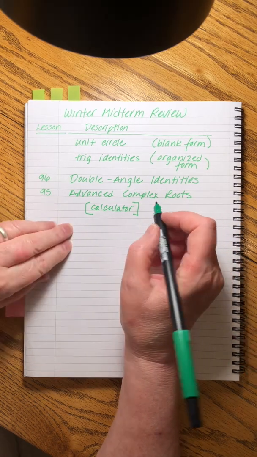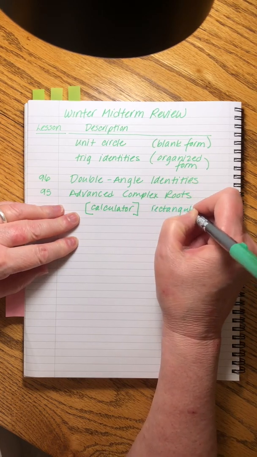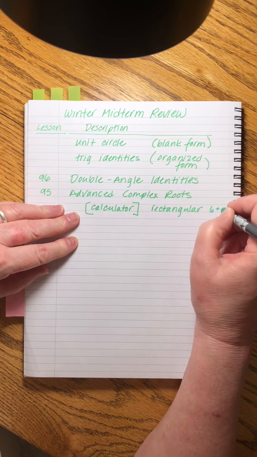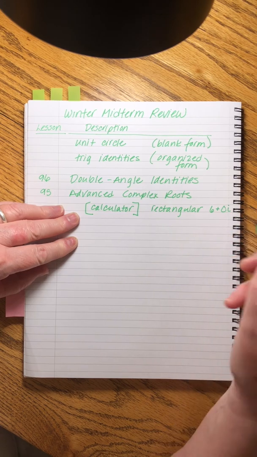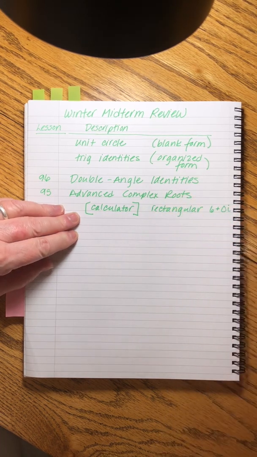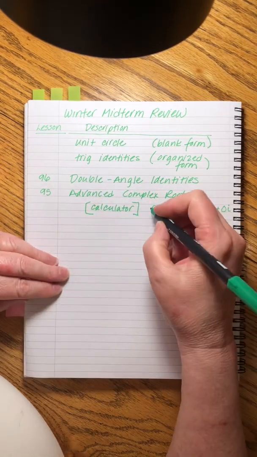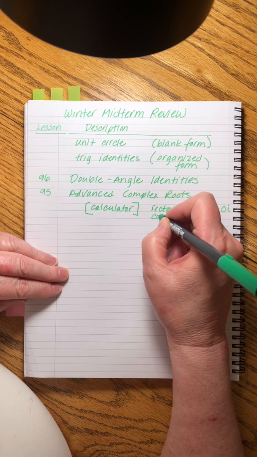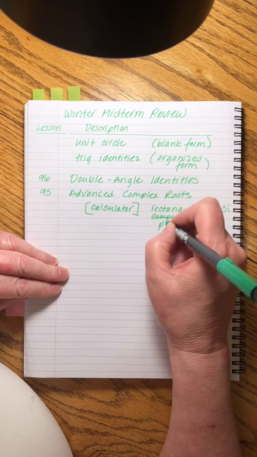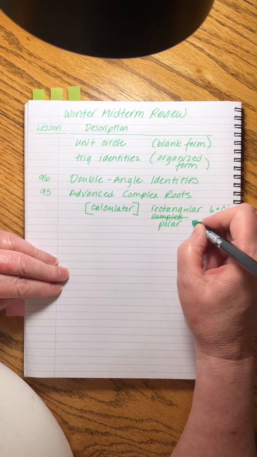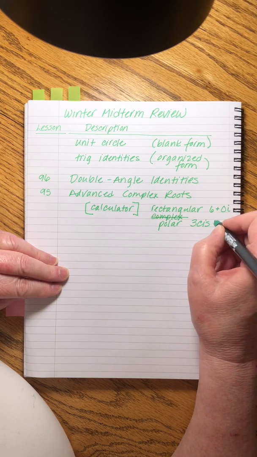Remember that complex numbers can have a rectangular form, like 6 plus 0i. We can also reflect that as a polar number, and that would be like 3 cis 90 degrees.